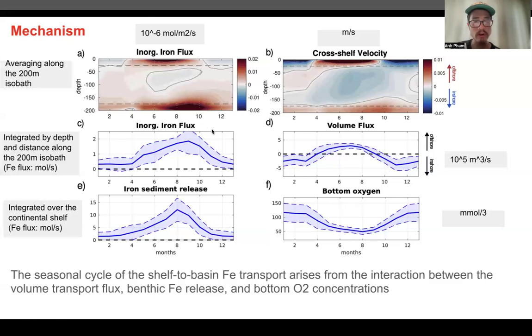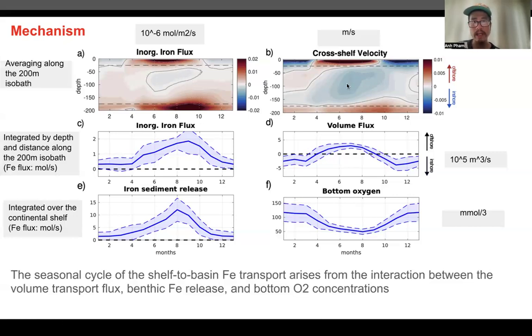But if we further analyze the first two figures here on the upper panel, we're gonna see that there are mismatches between the cross-shore iron flux and cross-shore volume flux, especially in the interior layer away from bottom boundary layers and surface boundary layer.